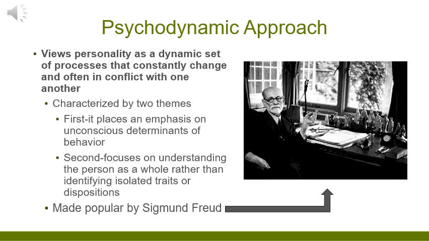Second, it focuses on understanding the person as a whole rather than identifying isolated traits or dispositions. Just because a person gets angry or has an angry outburst, it doesn't mean they're a naturally or normally angry person. They just might have had an episode of anger. The psychodynamic approach was made popular by renowned psychologist Sigmund Freud.